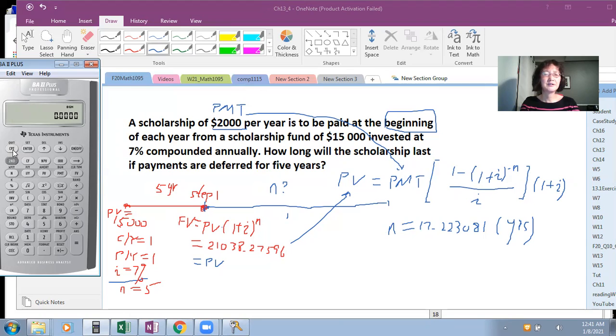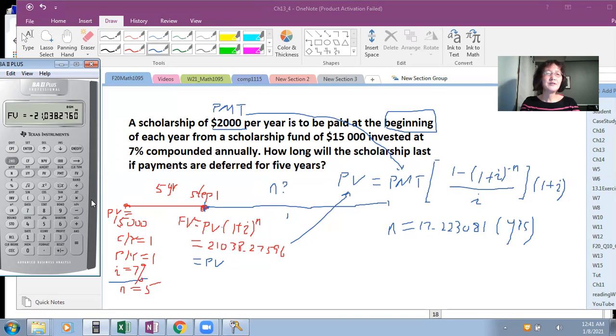Second, quit. So 15,000 is PV. 7 is interest IY. 5 is term N. 0 PMT. Compute FV, and we get this number here, $21,038.